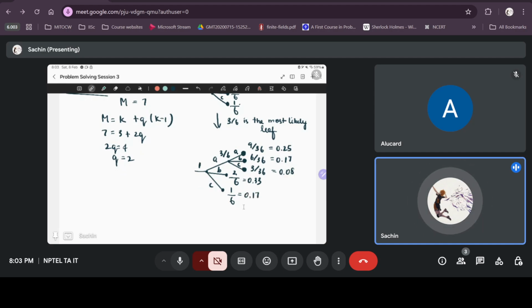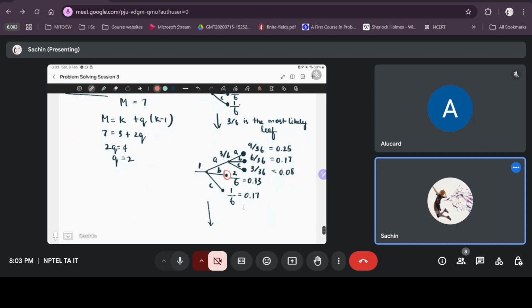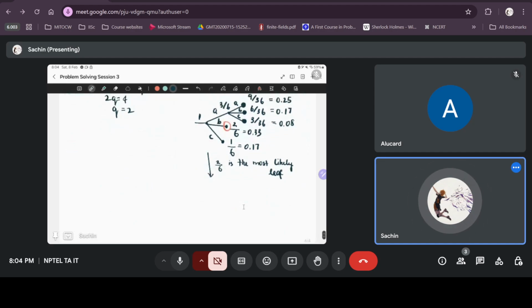So 2 over 6 is the most likely leaf. So we extend the node corresponding to that probability, which is node B.